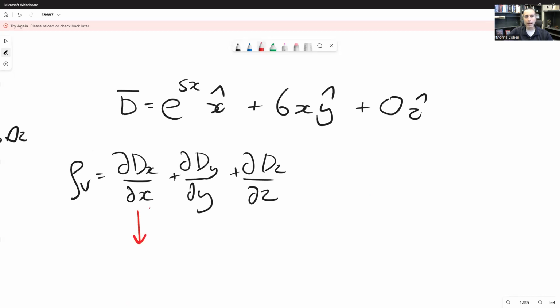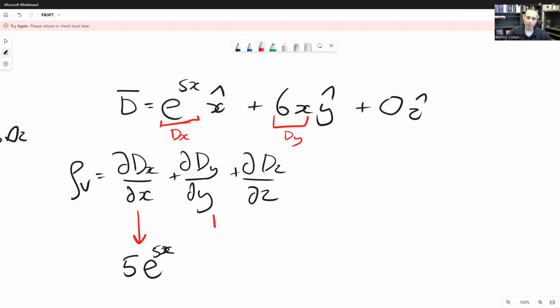The derivative of the x component of D with respect to x, just take the derivative of this, which is going to be 5 times e to the 5x. All right? Because this e to the 5x represents D sub x, whereas this 6x right here is D sub y.